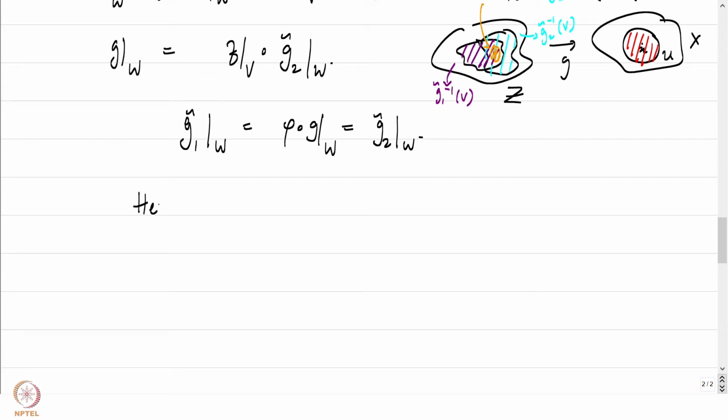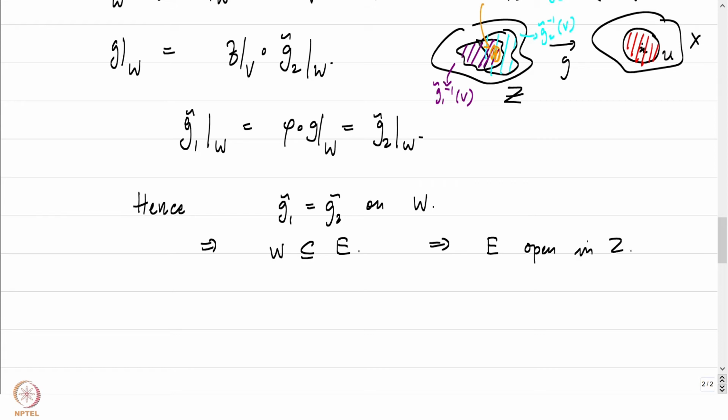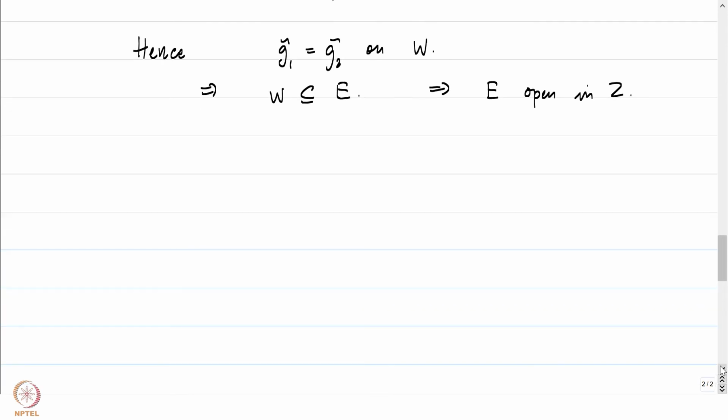Hence, G1 tilde is equal to G2 tilde on W. That implies that W is contained in E, and therefore E is an open subset of Z. And by the very definition of connectedness, since Z is connected, it cannot have a separation, and E is equal to Z.